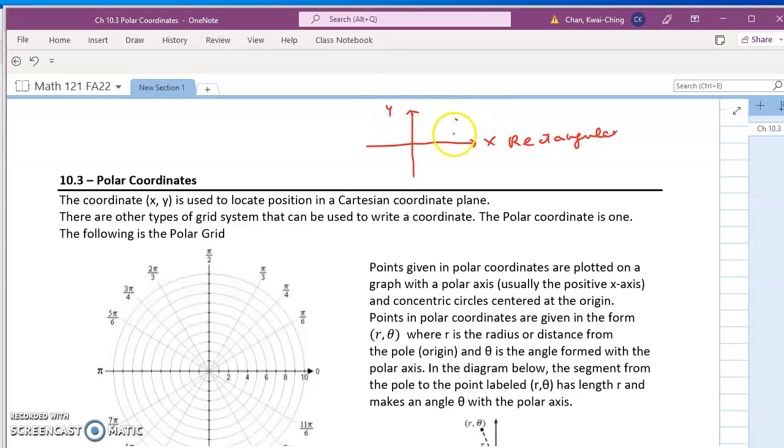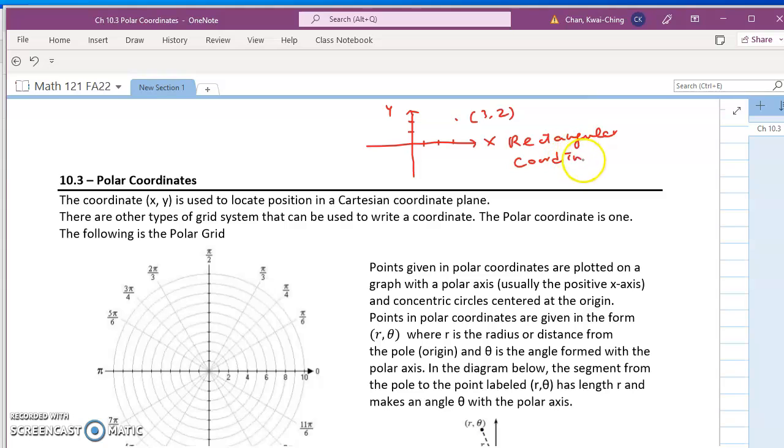Every single point is identified by how much you go across. For example, this is 3, 2, because you go across 3 and then up 2. So this point 3, 2 is a rectangular coordinate.